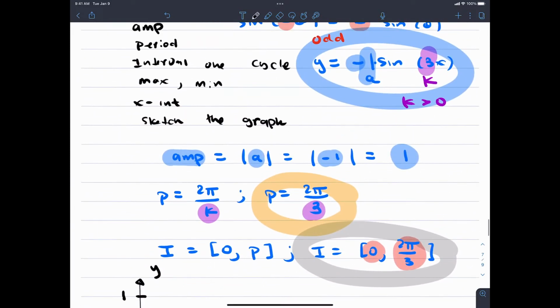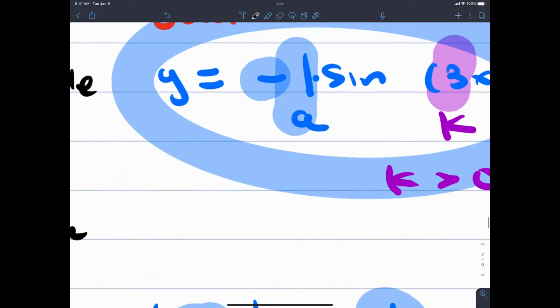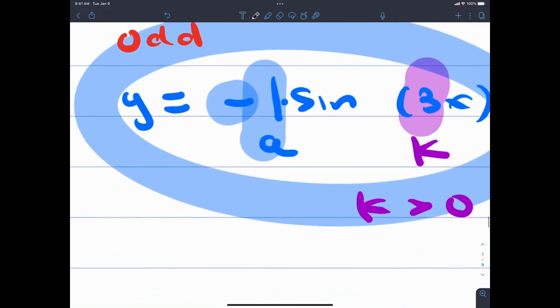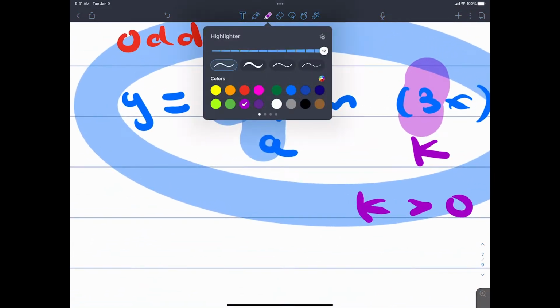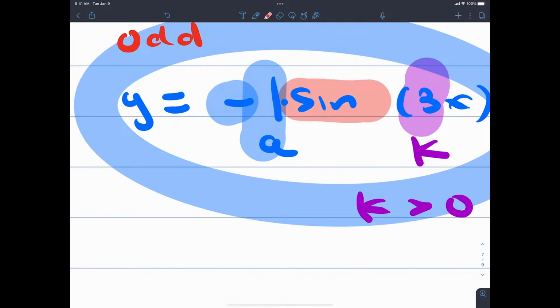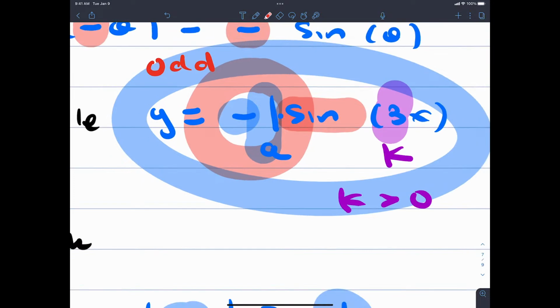What kind of curve am I graphing again? So you go back and you say, oh, they want me to graph sine. But what's the problem here? That -1 in front of sine, you guys know what that does. It reflects the sine curve about the x-axis.